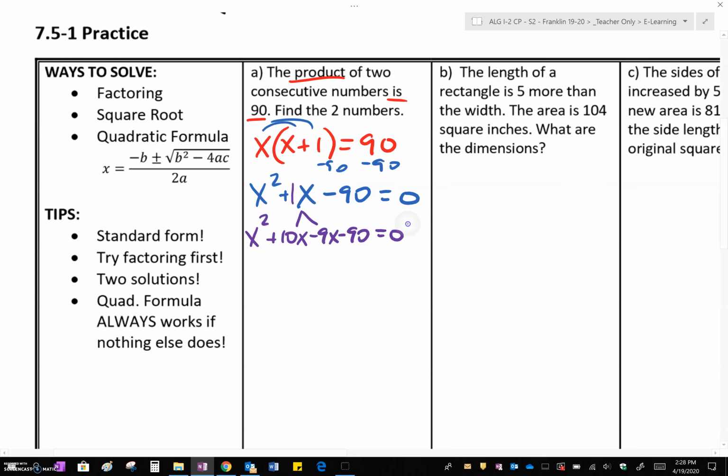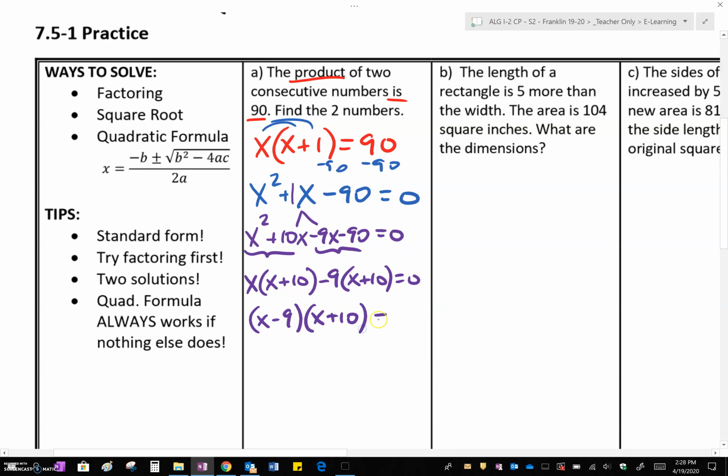And just refresh your memory there. So factor by grouping here, x times x plus 10, and we can take out a negative 9. We get x plus 10. So our factored form is x minus 9 and x plus 10 equals 0.